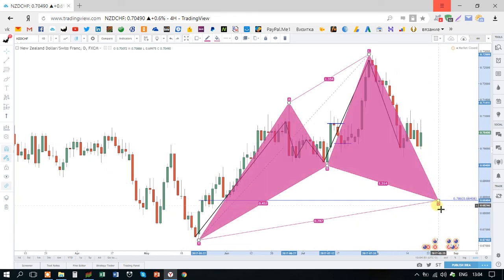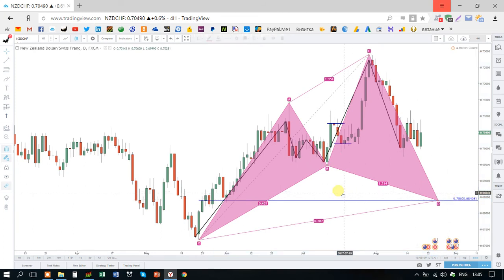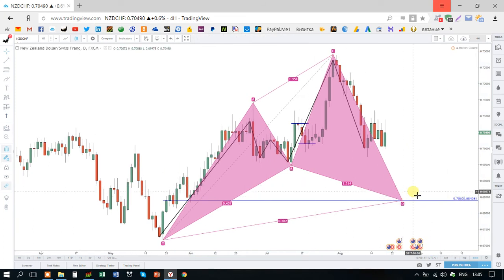If it goes lower, I know the probability of moving higher after that. We first need to touch this line, and then it will go higher. I don't know if it ever goes there. It may never go there. So do not sell right now in anticipation that the pattern will complete. It is very silly to do that. Just buy it at this D point.